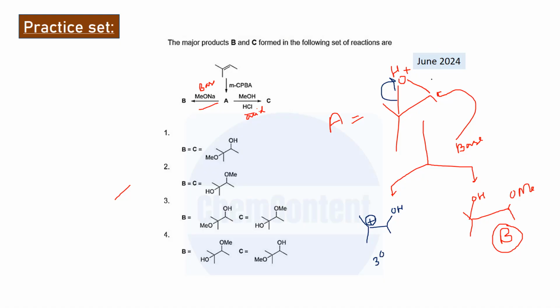But if the ring cleavage happened from this position, it would generate a carbocation center which is 2 degree.